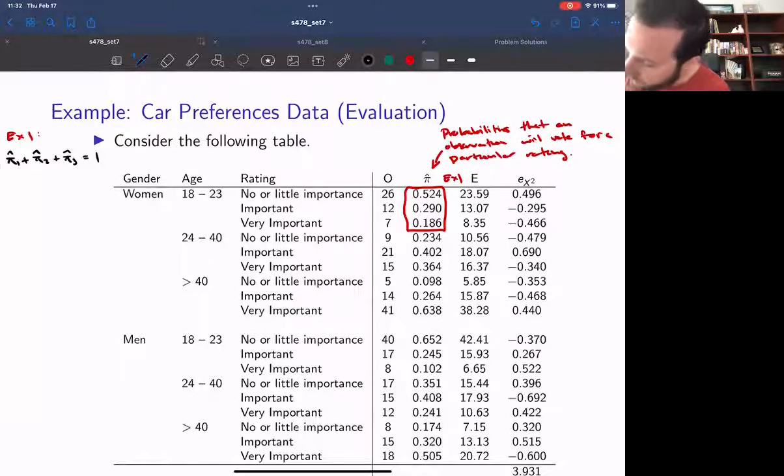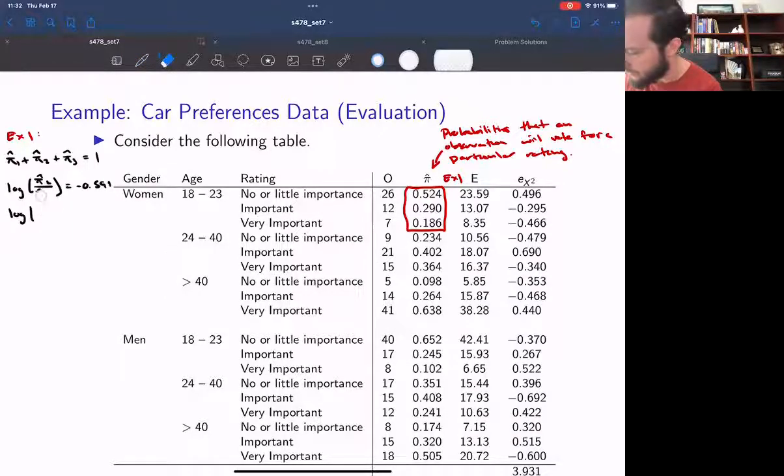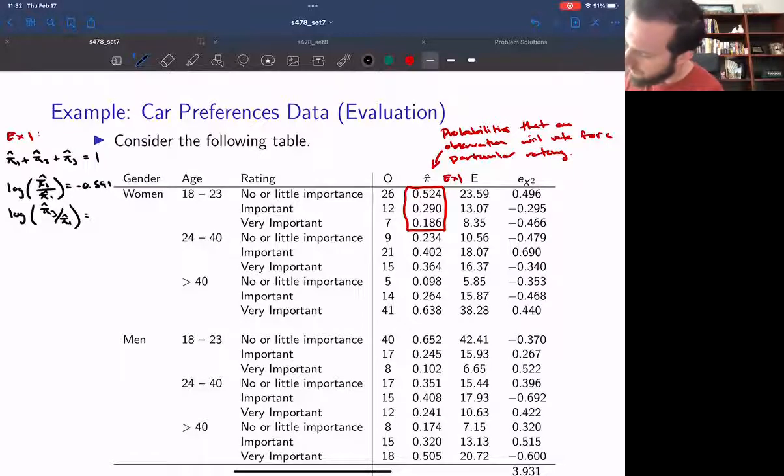Because we're considering the reference level group right now, we would have log of pi hat 2 over pi hat 1 equal to negative 0.591, and log of pi hat 3 over pi hat 1 equal to negative 1.39.